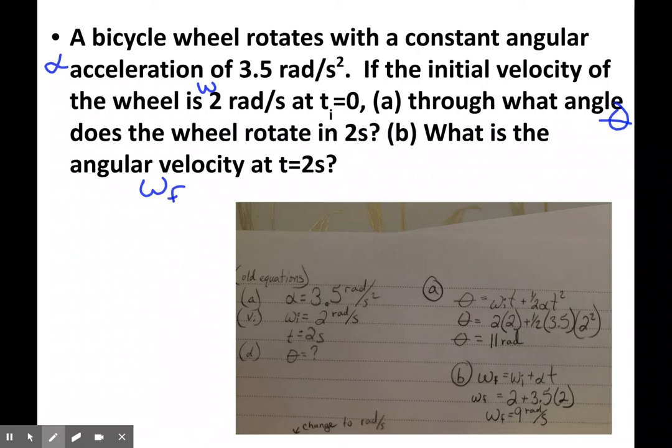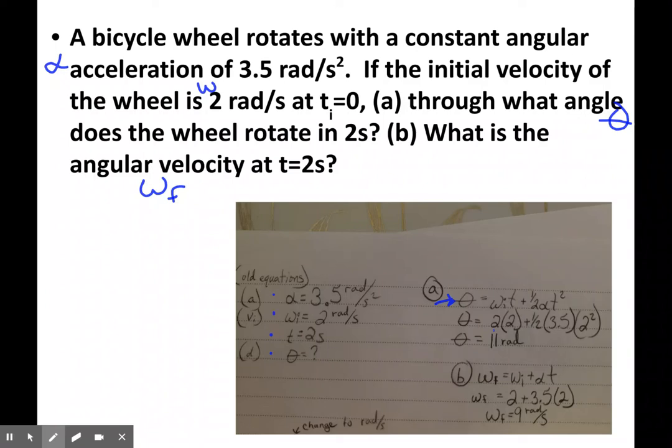You can see here where I've worked this out. We have angular acceleration, initial rotational velocity, and time, and we're looking for the angle. So we're going to use this equation here, and it's just a matter of plugging things in like we did before. Initial rotational velocity is 2 times 2 plus 1/2 times acceleration 3.5 times t squared.